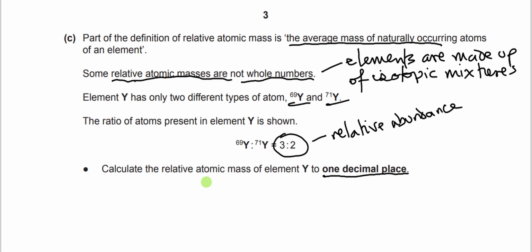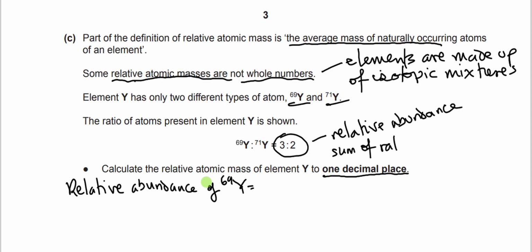So now what we have here, first of all, we must determine the relative abundance of Y69. That is the sum of this ratio, 3 plus 2, and that gives us 5.